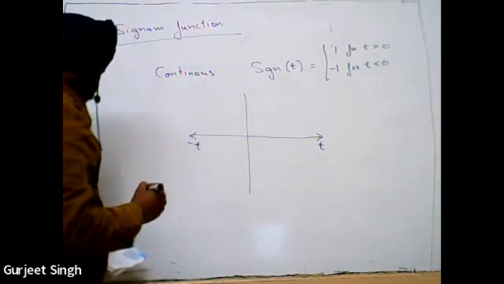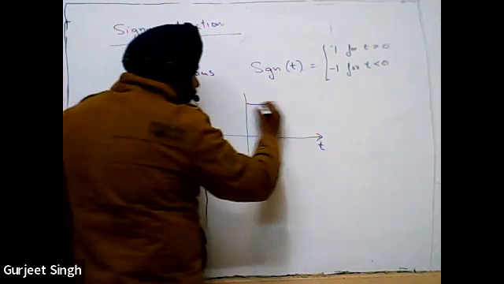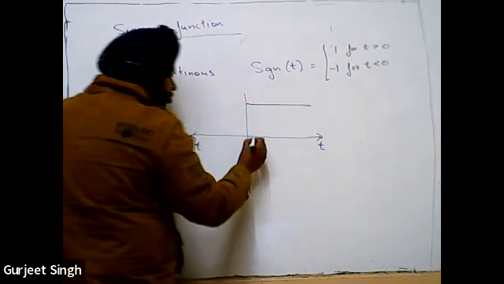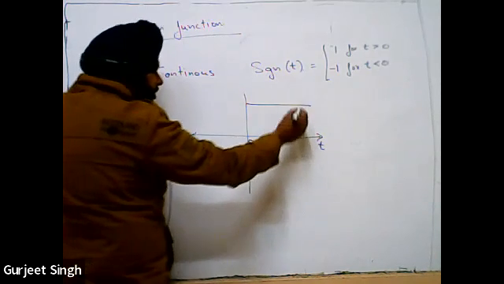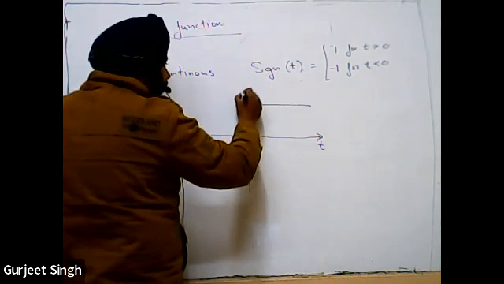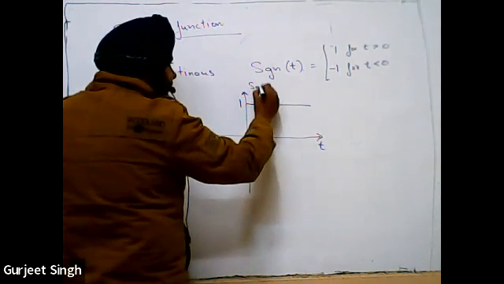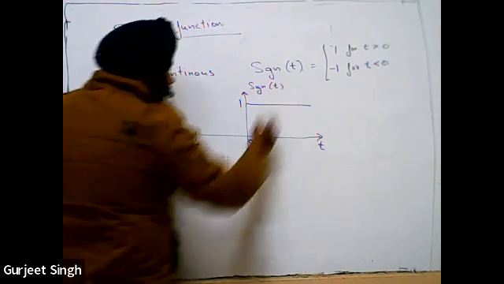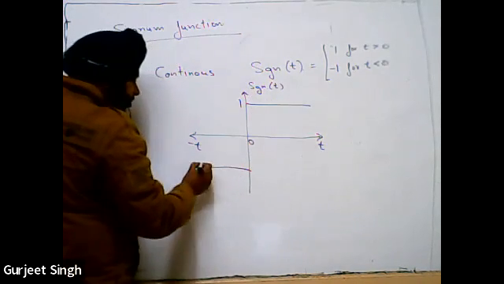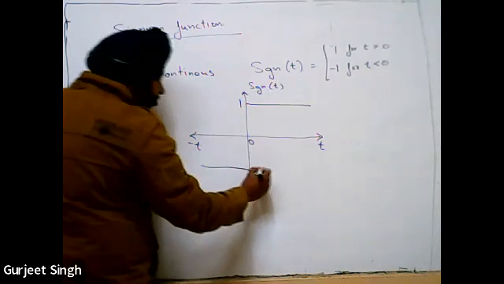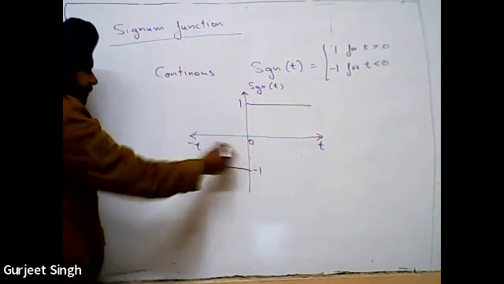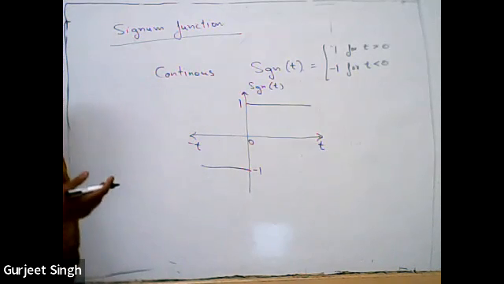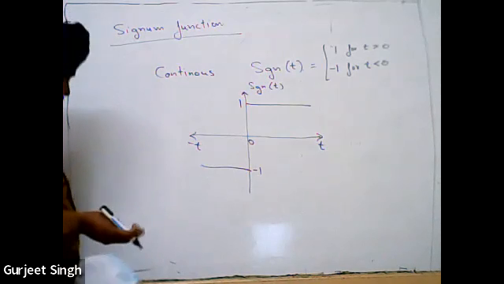For positive values of t, means 1, 2, 3, its magnitude is 1. This is the sgn(t) function. And for negative values of t, like -1, -2, its value is -1. So this is the signum function.